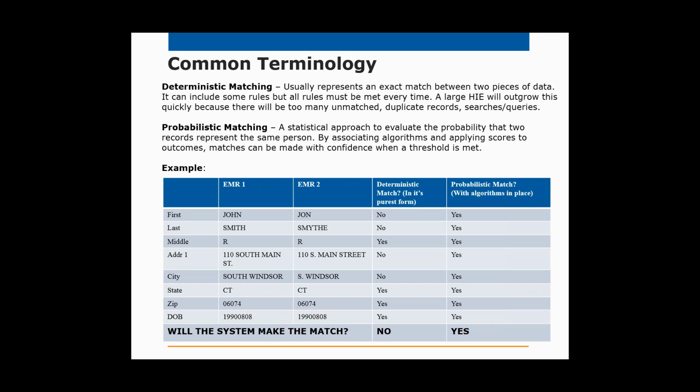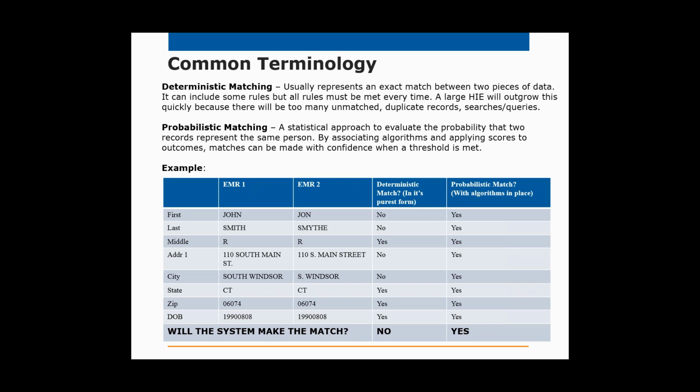Okay, now EMR number 2 sends in the same person, only spells John, Jon, with Smith being with a Y and an E at the end. The middle initial is the same, but look at that address. We have S period for South, and we spelled out the word street. South Windsor has S period as the South, and then the rest matches.